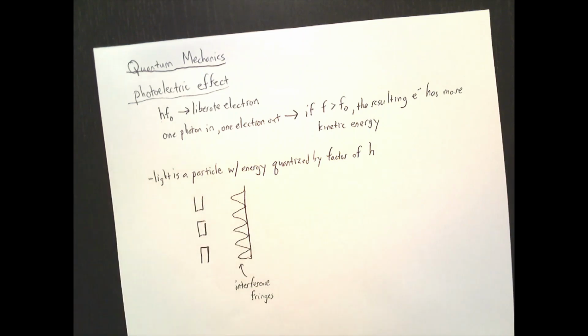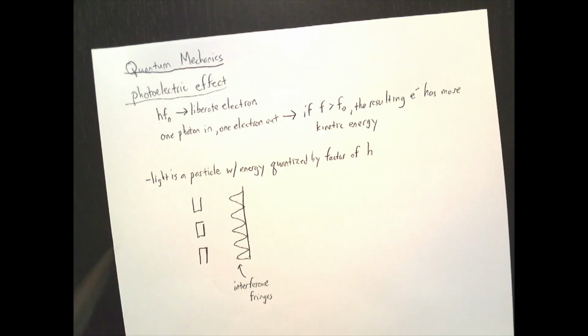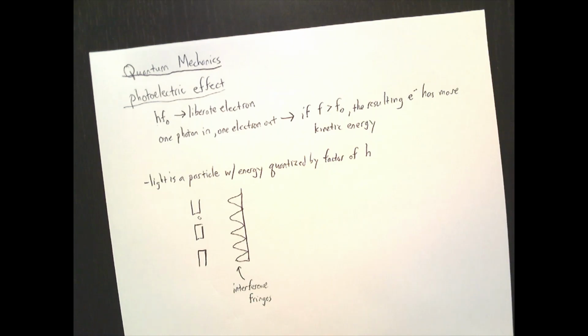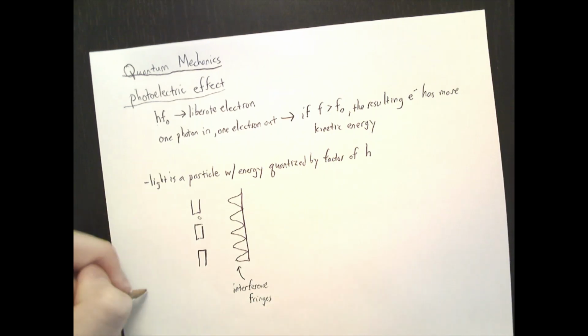And these fringes still happen if we got the light source so dim that we knew only a single photon was going in at a time. So even though light is a particle, we're shining only a single photon in this slit at a time, we still get interference fringes. And that's only possible if light is also a wave.